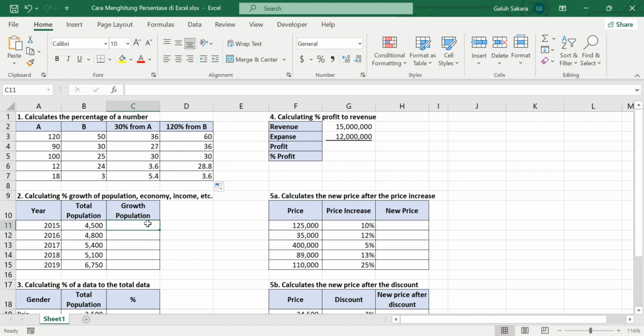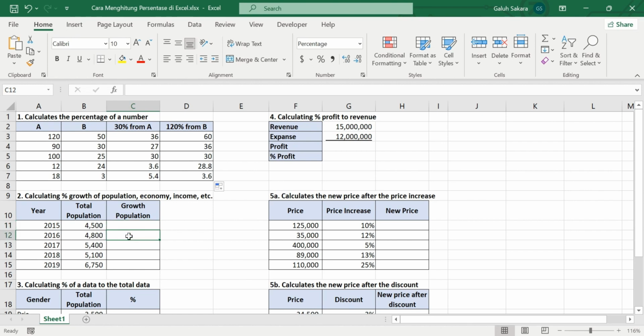Okay, number 2 is calculating percentage growth of population, economy, income, etc. It is different from the first, because we will make some differences. That's the difference between the previous year and this year, and what percentage the data is compared to the previous year.